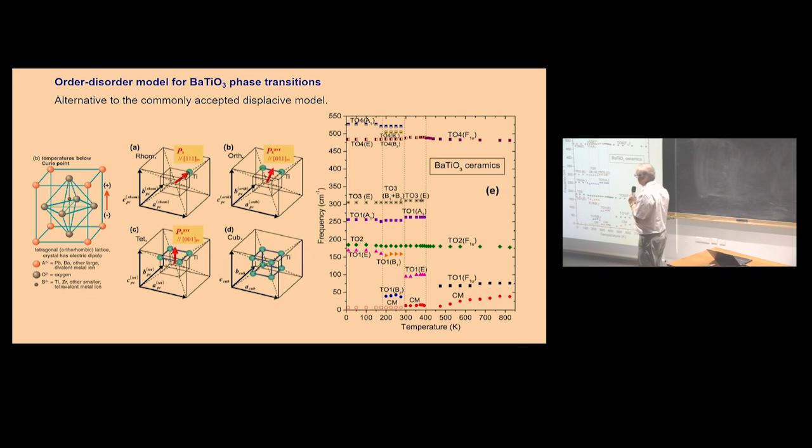So there is such a model for order disorder mechanism in barium titanate that in cubic phase, when you have titanium in the center of the oxygen cage, it can be described that you have hopping of titanium among 8 positions. So the hopping is somewhere in terahertz range frequencies.